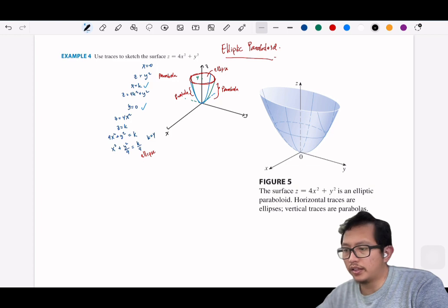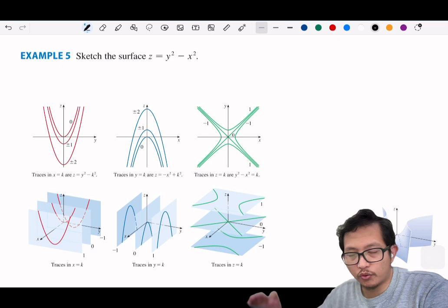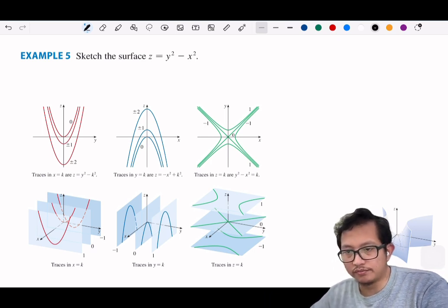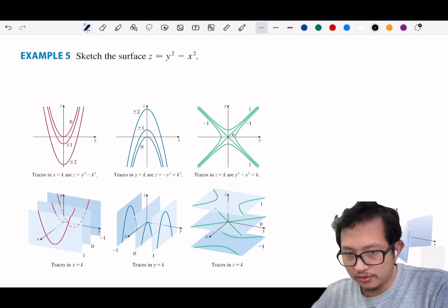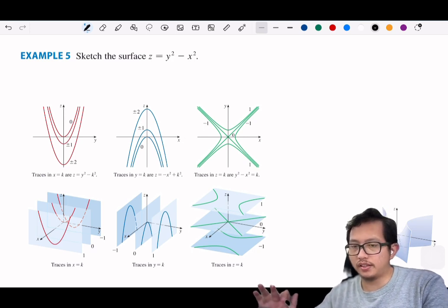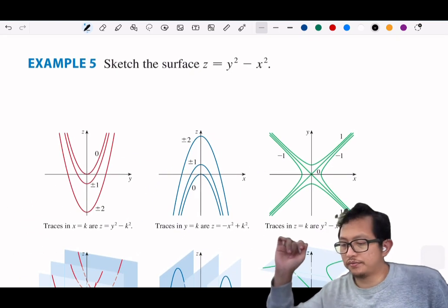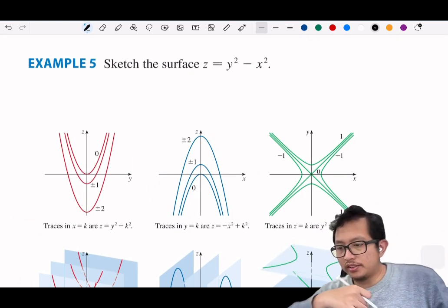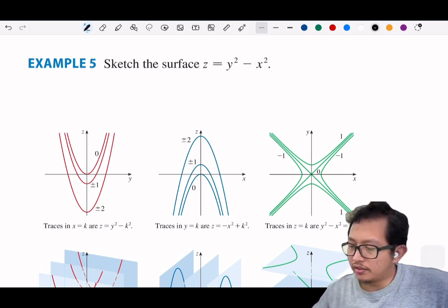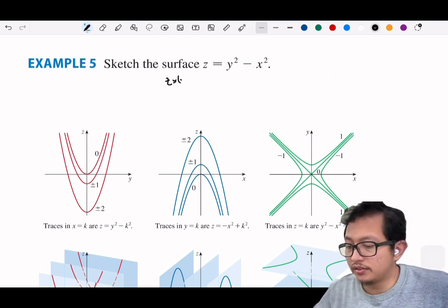I think the next one will be a little bit quite complicated. We call it the combination of hyperbola and parabola. But we have two hyperbolas and two parabolas. So let's start by taking each one of them as 0, or as a constant if you would like.